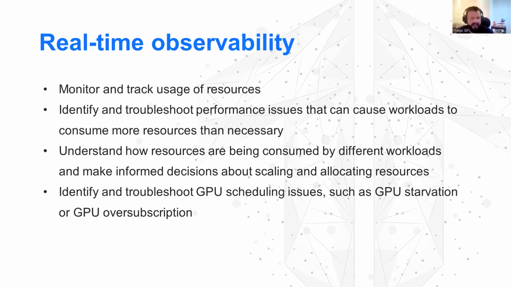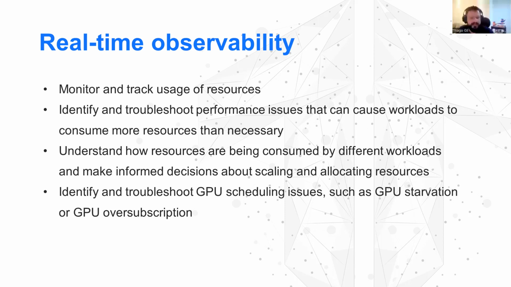By providing real-time visibility into the performance and resource usage of AI and ML workloads, organizations can proactively identify and address hidden costs and make more informed decisions about how to optimize the cost of running these workloads in the cloud.